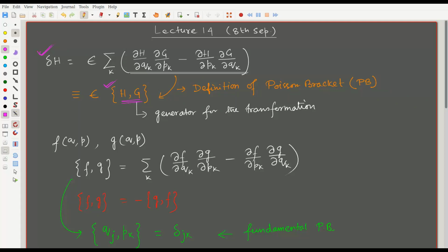And also, if this commutes with H, then G is also a constant of motion, that means that G is conserved.